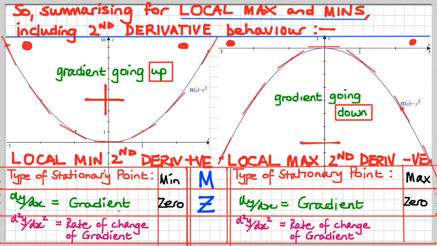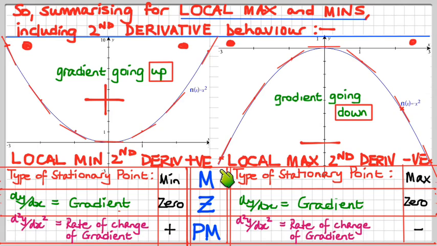So you get a zero gradient. Now, d2y dx squared, the rate of change of the gradient, is going to be plus for a local minimum, and minus for the local maximum. Therefore, you put in this little symbology here for plus or minus.